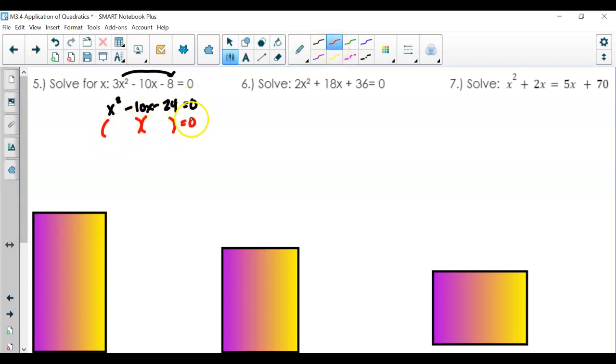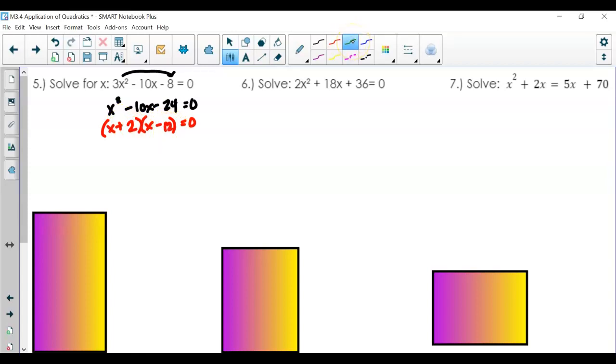The factors that multiply to get us negative 24, so I need 2 different signs to add to get negative 10. Now remember, some people would want to say 6 and 4, but the signs are different, so you'll never get negative 10 if you tried. So 6 and 4 won't work. But 12 and 2, negative 12, positive 2.